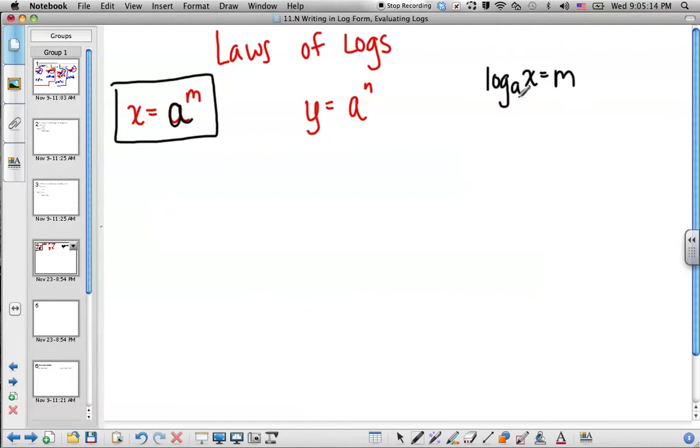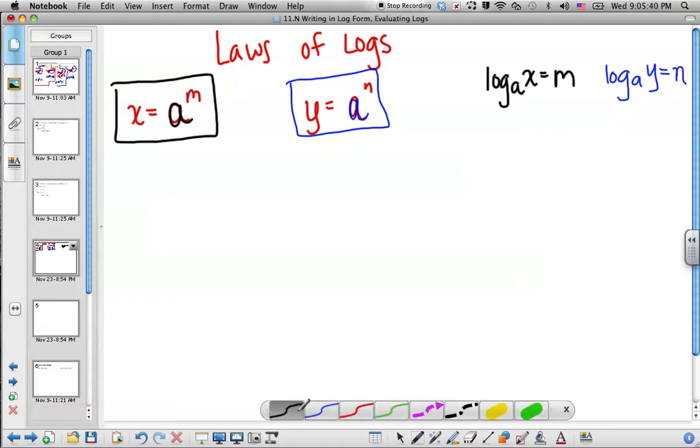So those two statements, one's in exponent form, one's in log form, mean the same thing. Now I can do the same thing for this exponent statement and switch it into log form. Again, identify your base, which is still a. So I have log base a of my answer, which is y, and that's all going to equal n.